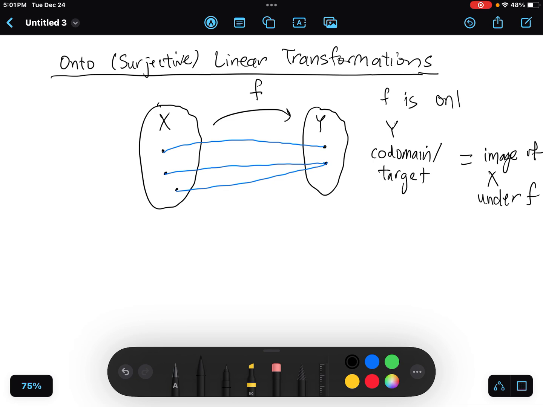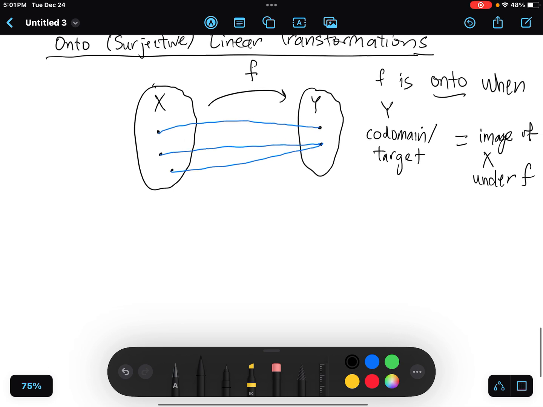So we say that f is onto when the codomain is equal to the range or image, same thing, the range of f, or the image of x under f, or it's also called the image of f. It's the same thing.